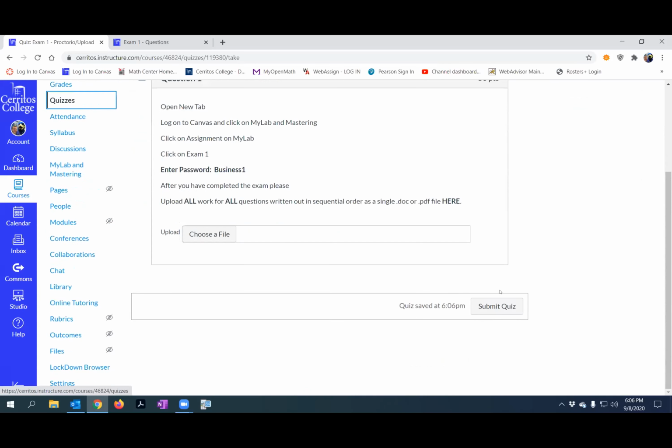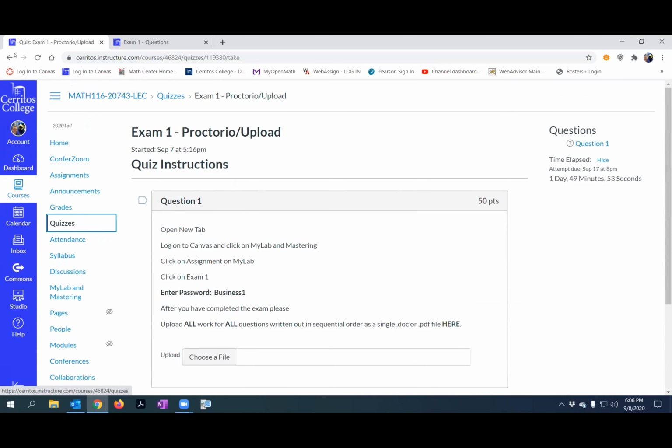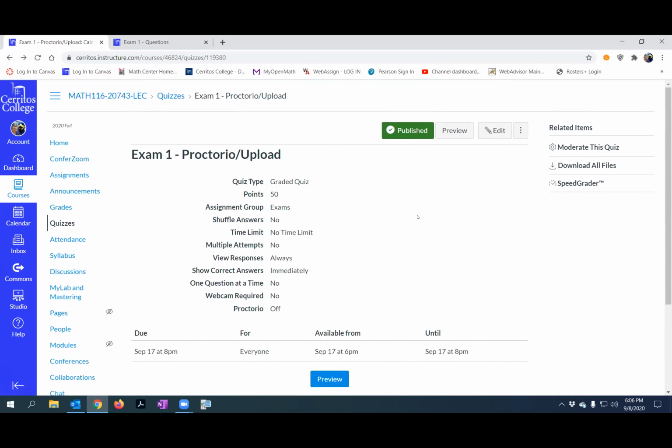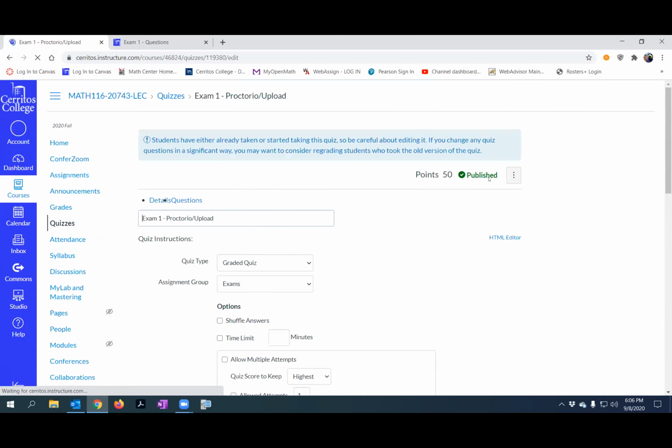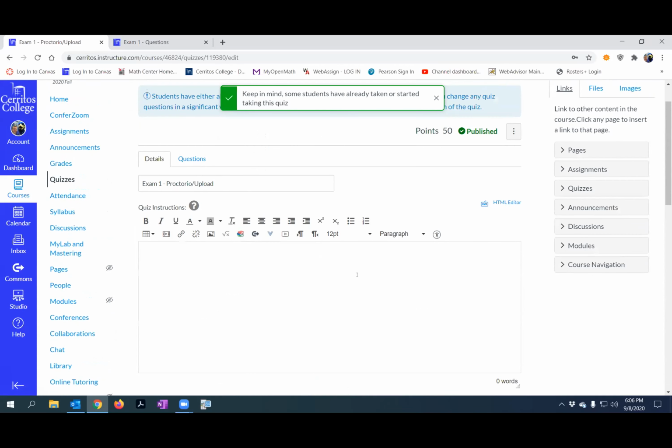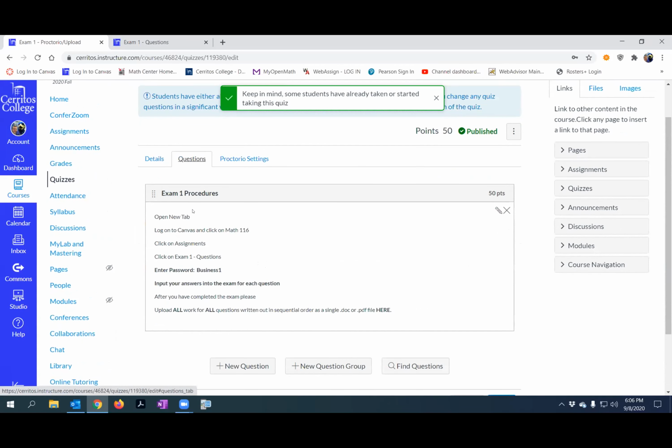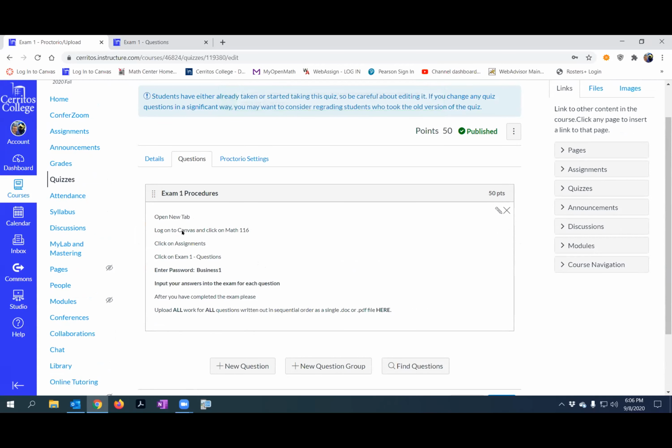I don't know why this is. I'm going to go back here, and this should say something else. I don't know why it's not edited. Log on to Canvas, click on assignments. Why is it showing up different?